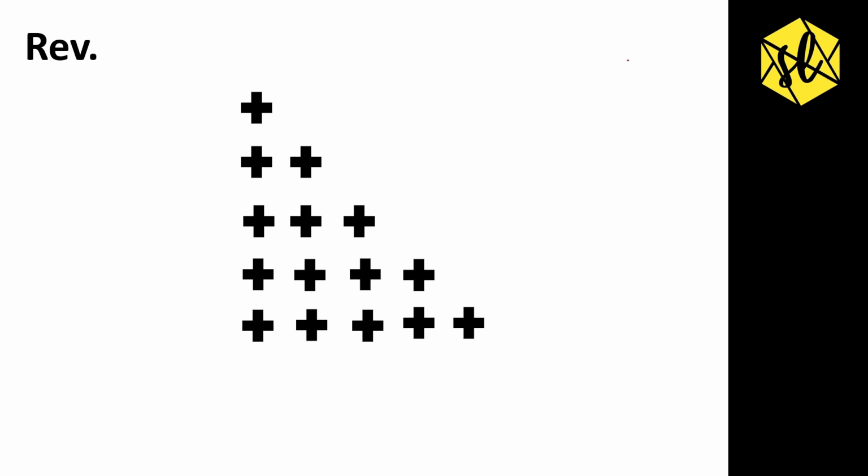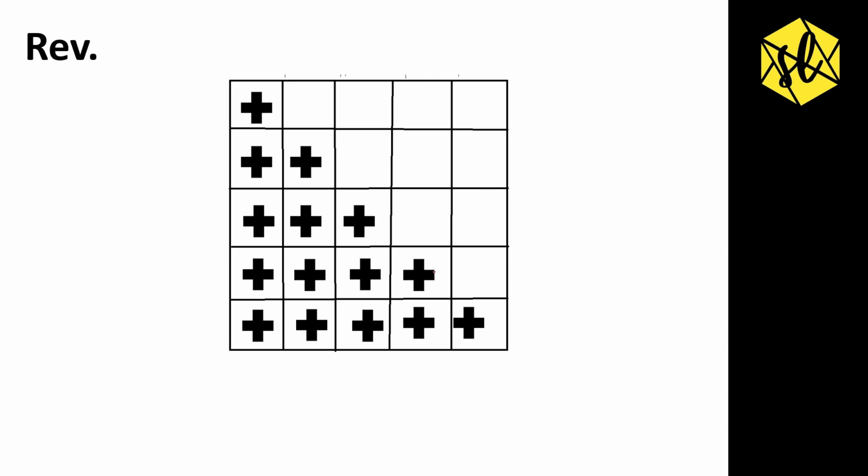So let's see this example first. Here we have a two-dimensional shape. So let's make grids. Yes, now we can see that this is a two-dimensional shape. That is why we are using a nested for loop. And what is a nested for loop? A nested for loop is a for loop inside a for loop.